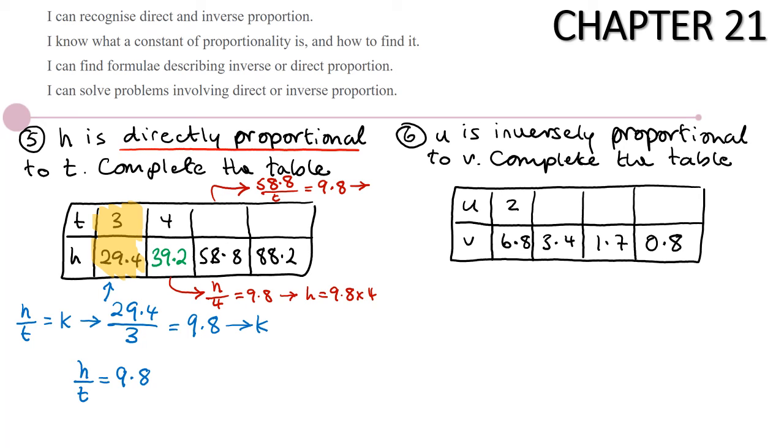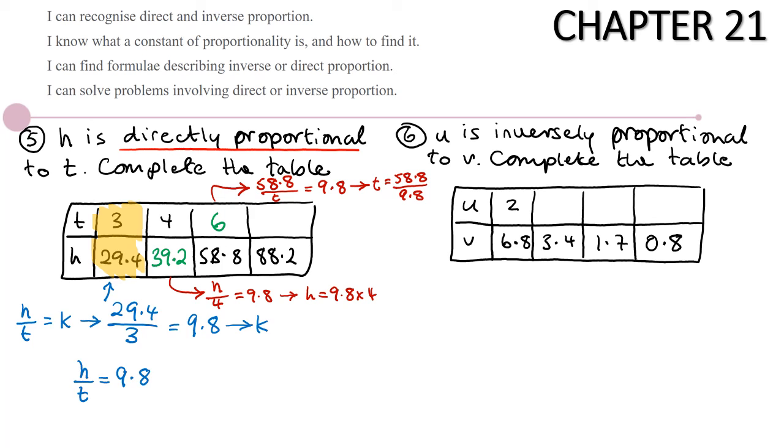Now what will happen with this, if I times both sides by t, then divide both sides by 9.8, I'll get t equals 58.8 divided by 9.8 to find t. So let's work that out. 58.8 divided by 9.8, I get exactly 6. So I'll put that in.